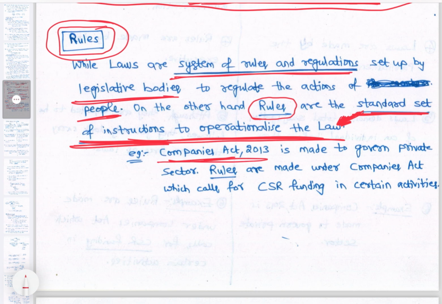See, the Companies Act is a law made by the Parliament to govern the private sector.